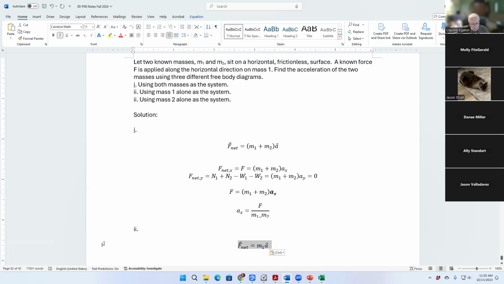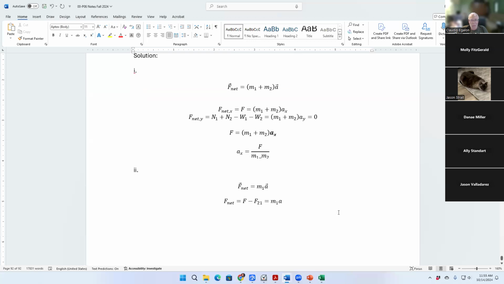And what else am I going to do? I'm going to write this equation in scalar format, okay? Acceleration is going to be a scalar acceleration. The net force is going to be a net force scalar. And this net force scalar is going to be F, the regular F, minus F of 2 in 1, okay?